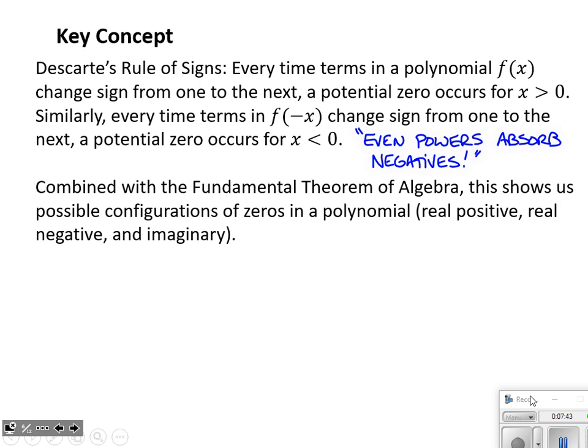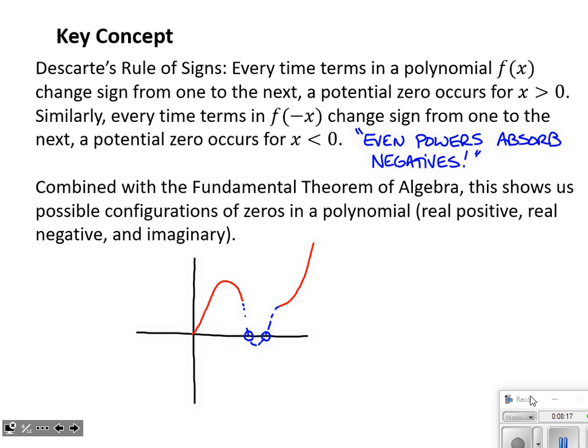All right? Now, there's a little bit of explanation that goes behind this. I want you to imagine that we're looking at a polynomial just on the positive side of the x-axis. So we've got some polynomial that bends like this. And if we run through our Descartes' rule of signs, we could find that maybe this graph bends low enough, the terms are strong enough to cause 2 crossings.